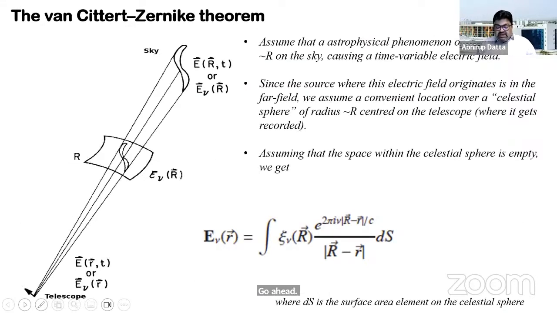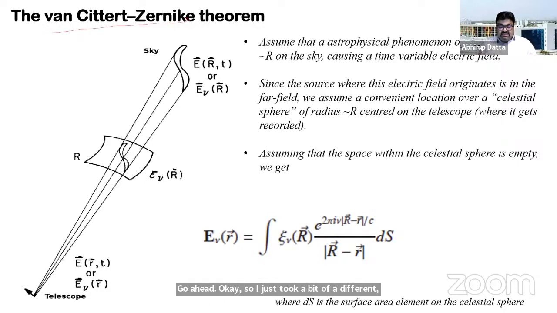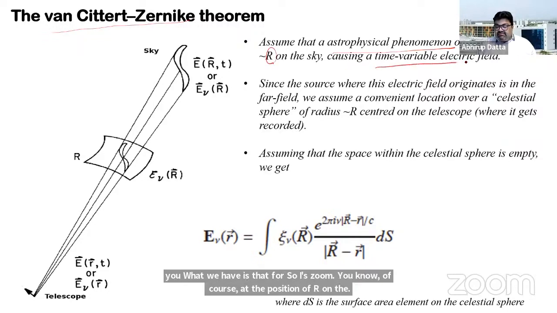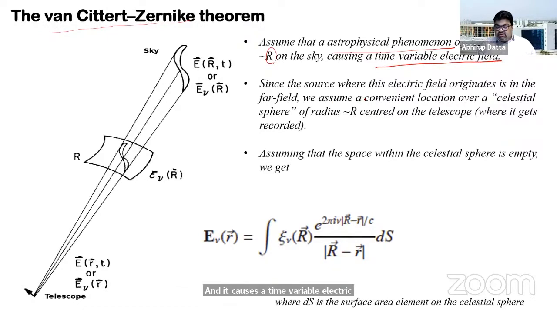Okay, so just a little bit of a different treatment. We introduce something called the Van Cittert-Zernike theorem. What is it? Assume any astrophysical phenomenon occurs at a position R on the sky, and it causes a time-variable electric field. Since the source where this electric field originates is in the far field, we assume a convenient location over a celestial sphere of radius R centered on the telescope where it gets recorded.